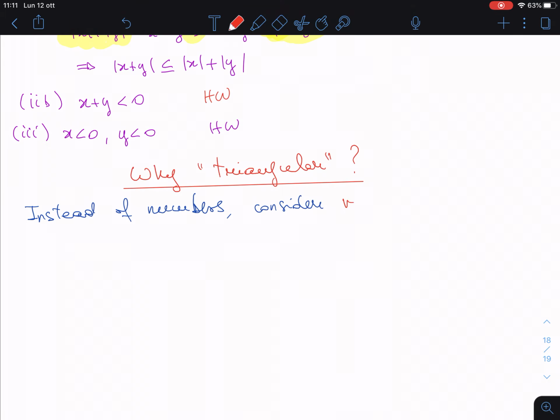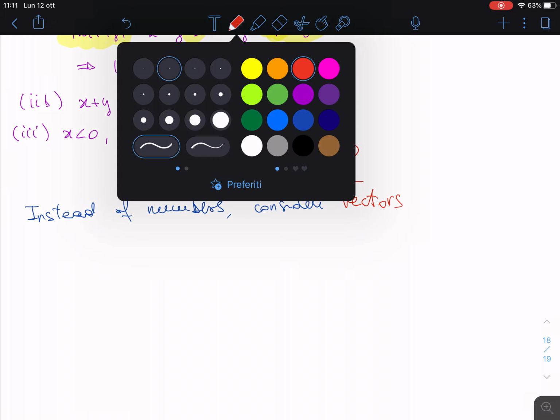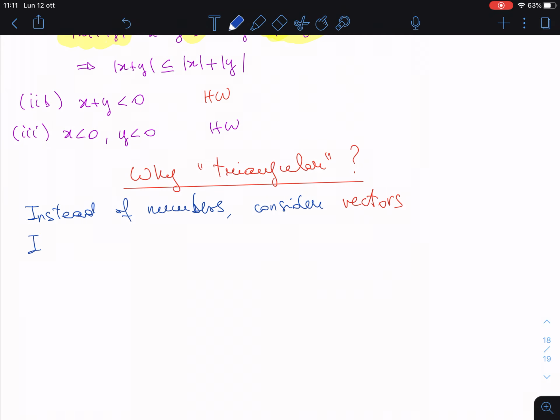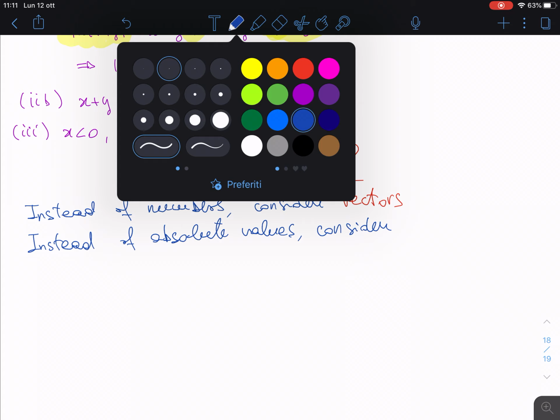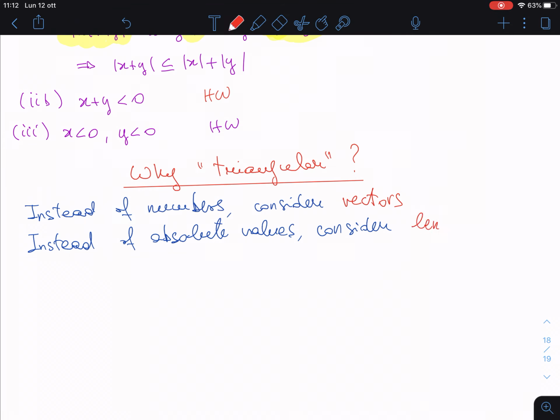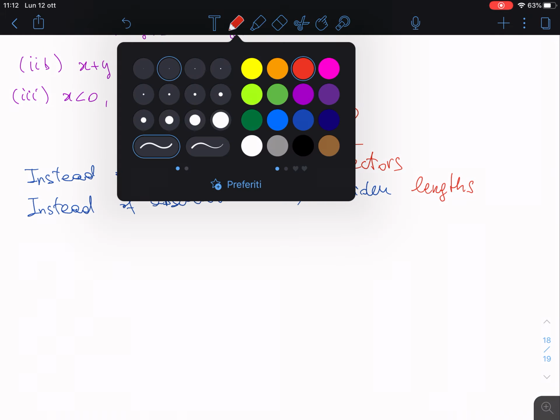Instead of absolute values, consider the notion of lengths. Okay? And this is the situation now.